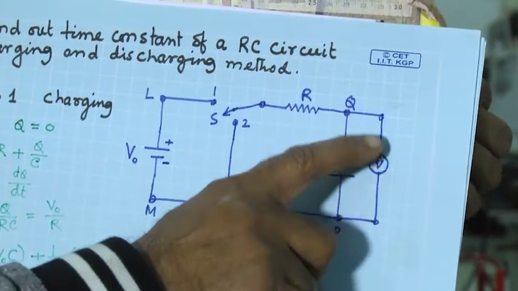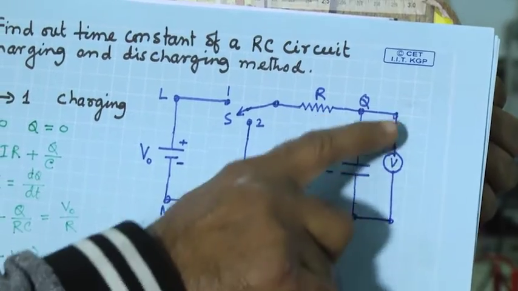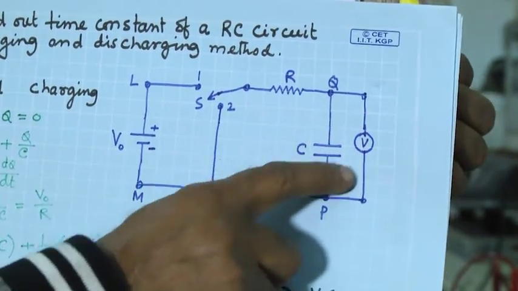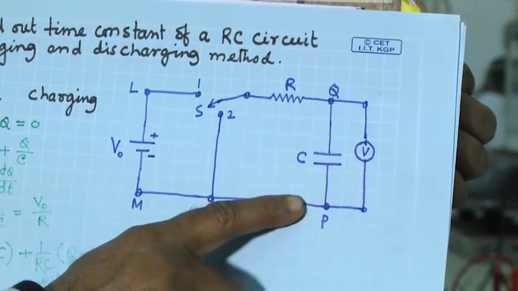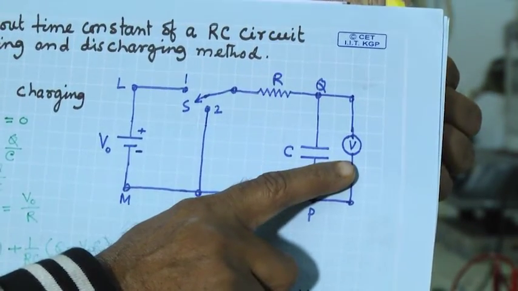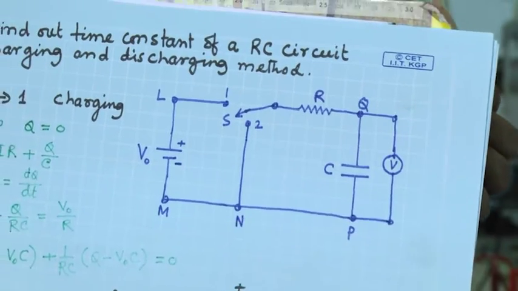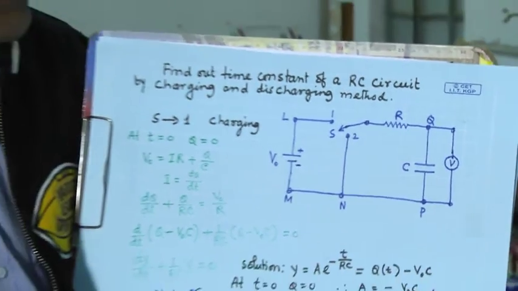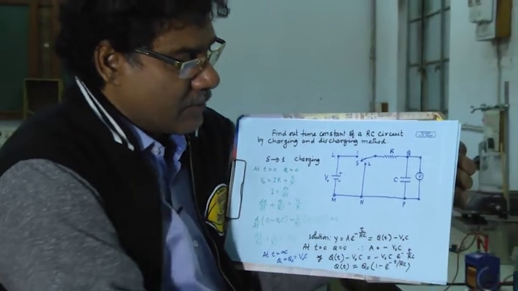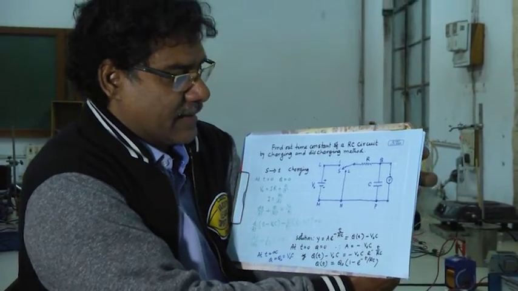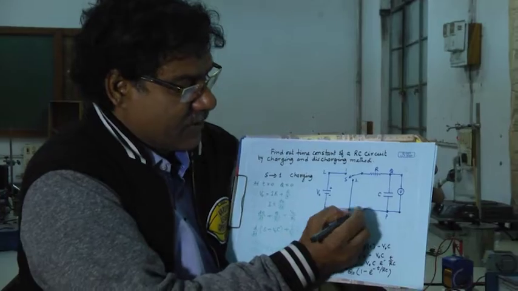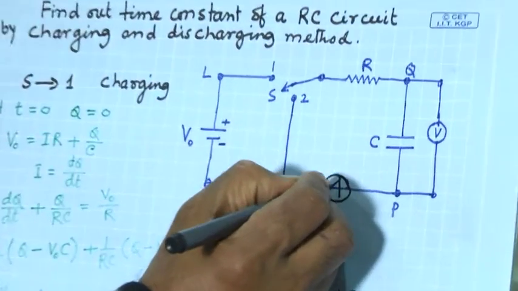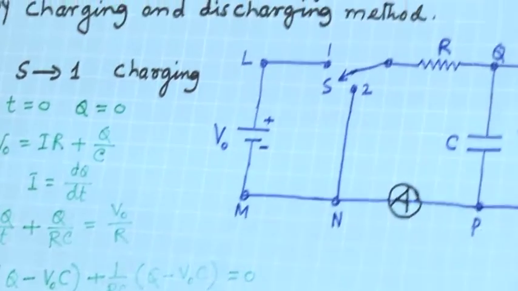Here we have connected a voltmeter. Across this capacitor, how the voltage will change, that we can find out. And also we can connect here one ammeter.